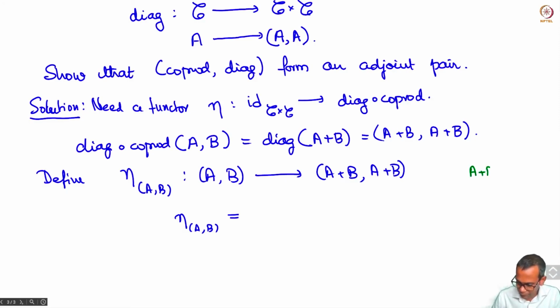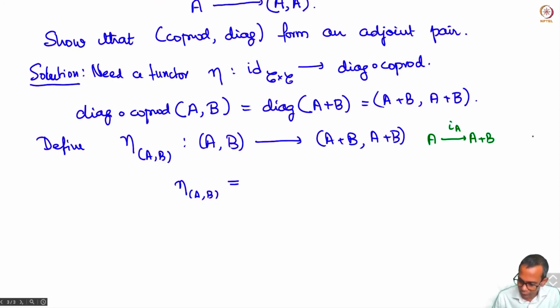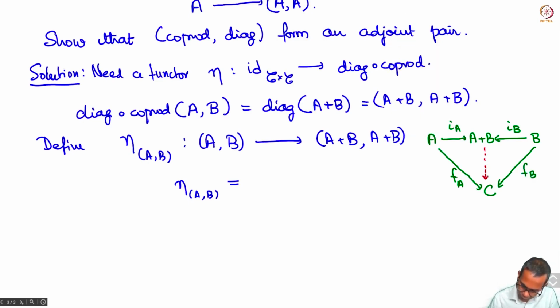When you have a coproduct of A and B, A plus B, then you have an arrow from A to this coproduct, which we usually call I subscript A. You have an arrow from B to this coproduct, which we call I subscript B, and it has the universal property that whenever you have arrows from A to some object, let's say C, call it F subscript A, and another arrow from B to the object C, then you have a unique arrow, which we'll call F, from A plus B to C. So in particular, this coproduct comes with arrows I subscript A and I subscript B from A and B. So we can take eta AB to be the most natural thing, namely I subscript A, comma I subscript B. I subscript A is from A to A plus B. I subscript B is from B to A plus B.